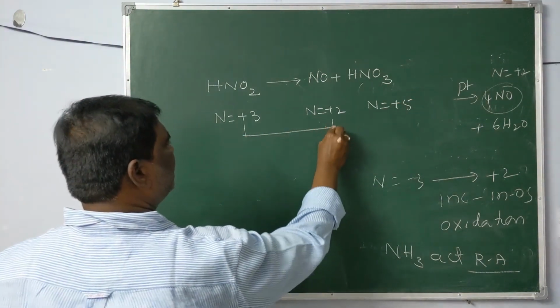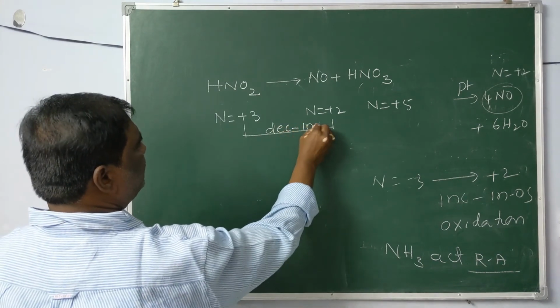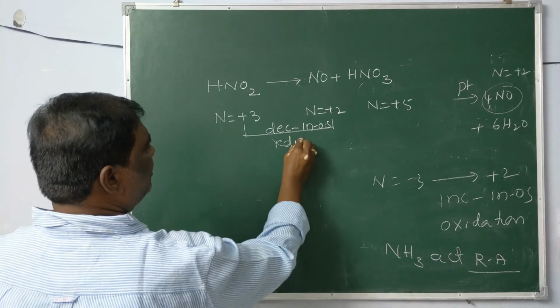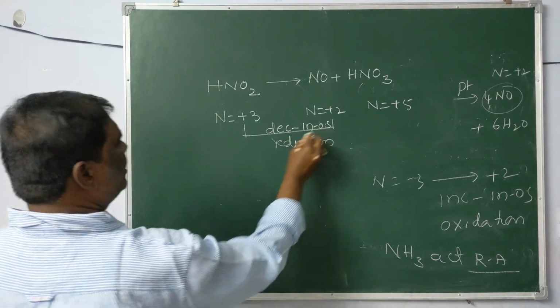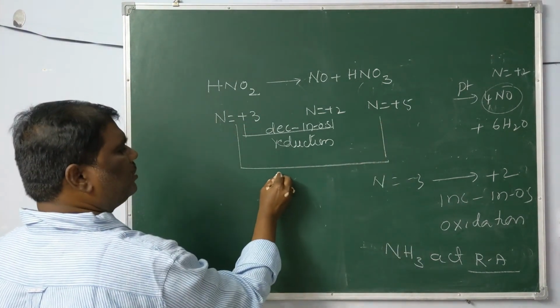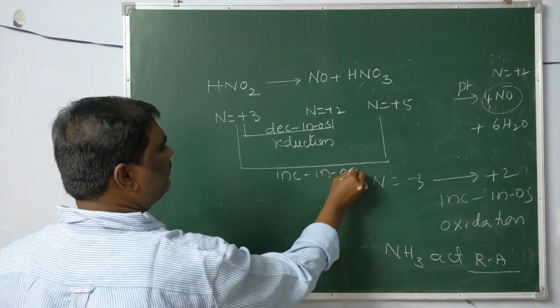+3 is decreased to +2, decrease in oxidation state. So this is the reduction, whereas the same species undergoes oxidation by increase in oxidation state.